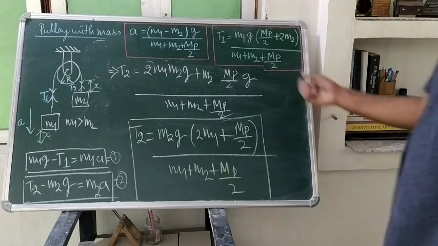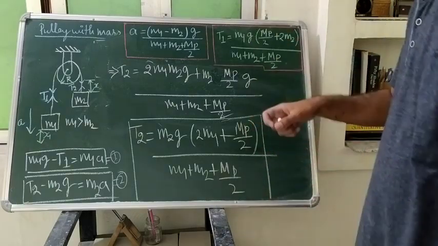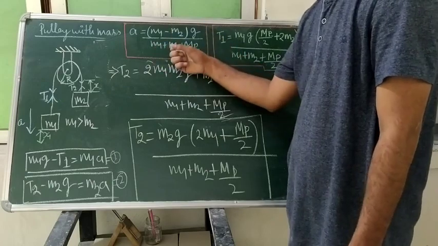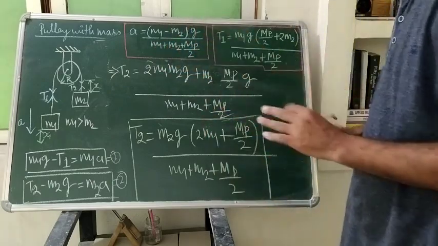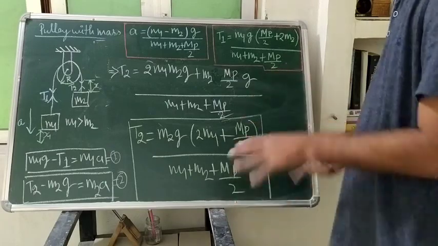Of course when the mass of the pulley will become 0, when that massless pulley will come, so that (m1 minus m2)g divided by (m1 plus m2) you will get as your acceleration. Look at problem number second I have given to you today in that recapitulation.